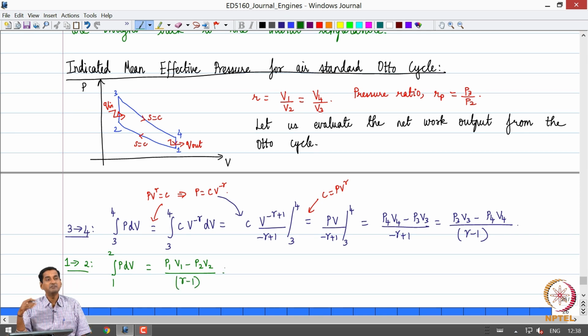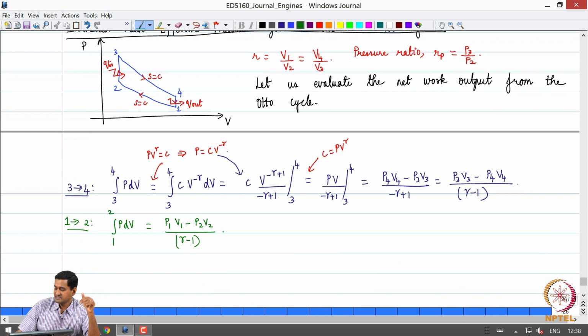So, that is the work interaction during the compression process. Obviously, you see that this is going to have a negative sign because we are providing work, that is the sign convention which is used, right. Work given to the system or work done on the system is negative. So, this is going to be negative.